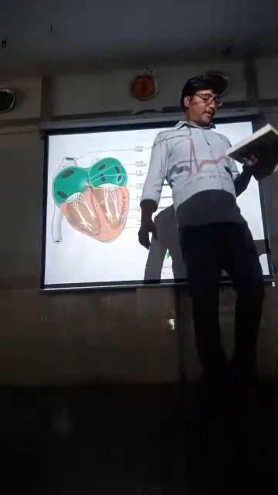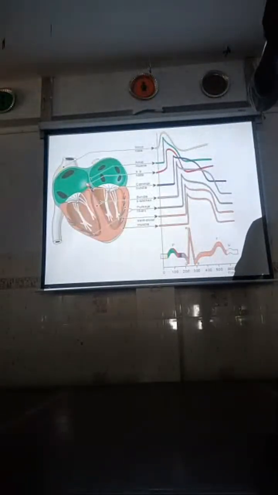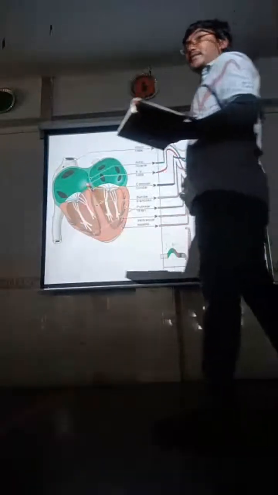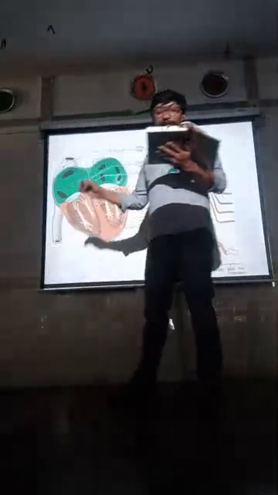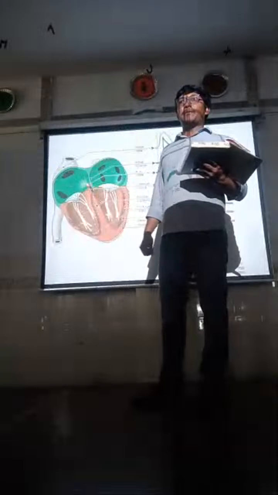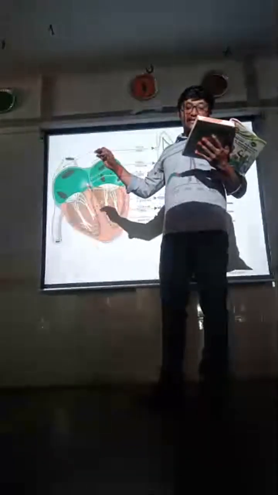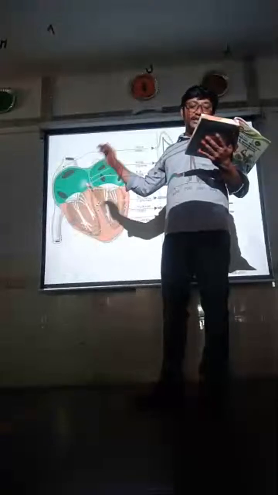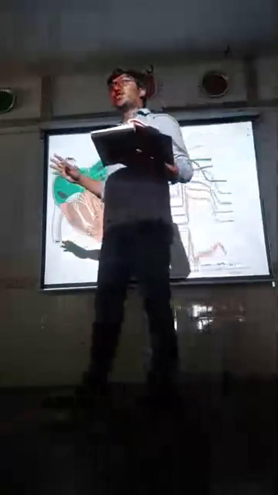The atrioventricular valves are closed due to the increase in ventricular pressure. Now the ventricle contracts as a closed cavity, in such a way that there is no change in the volume of the ventricular chambers.